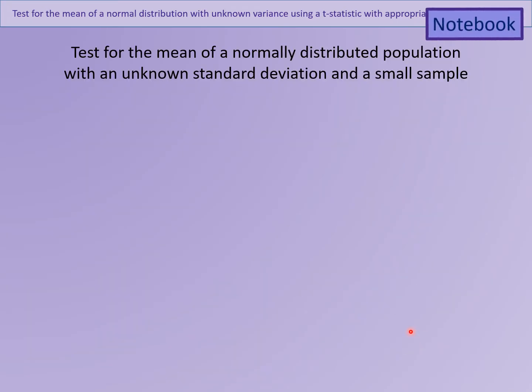Okay, so test for the mean and the normal distribution with an unknown standard deviation and a small sample. Both of those are alarm bells for you to realise you need to use Student's t-distribution. You will be expected to spot it. You will not be told. You're looking for 3 key facts. Is the data normally distributed? Yes. Do we know the standard deviation?